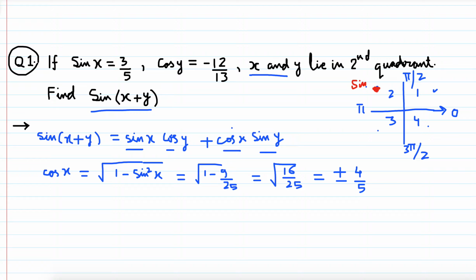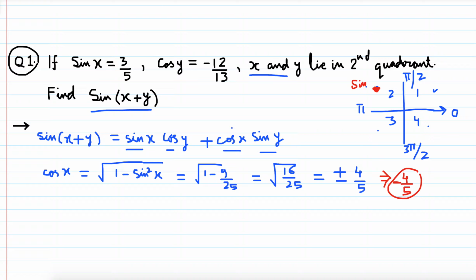So you have to write, since x belongs to second quadrant, we will pick the negative value of cos x. I'm omitting that step, but you need to write that, because plus minus 4 by 5 is not equal to minus 4 by 5. You have to write that comment. Since it belongs to second quadrant, we will pick the negative value of cos x.